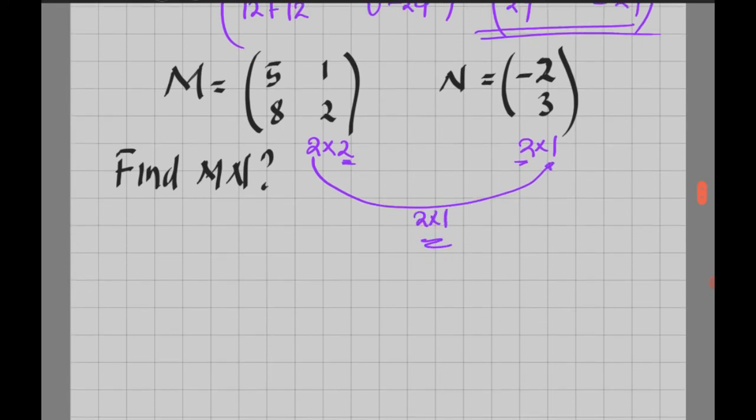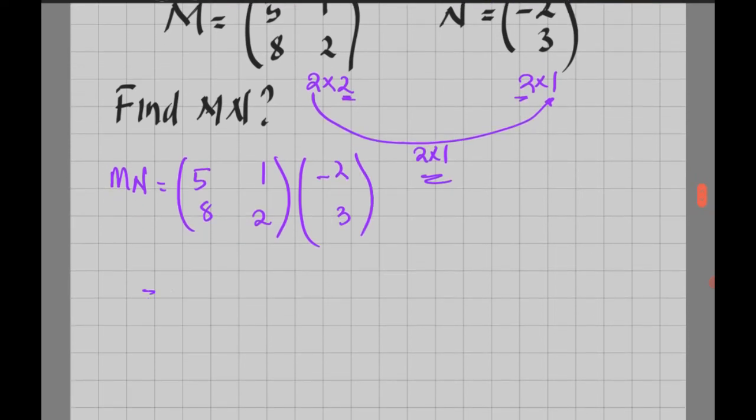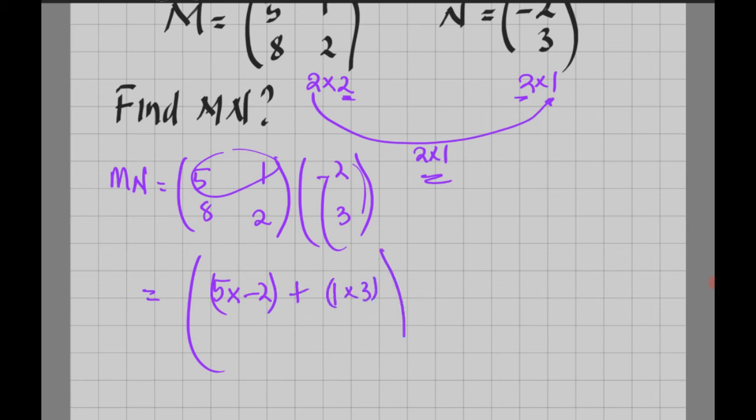So we have MN is equals to M is 5, 8, 1, 2, and our N is minus 2, 3. So we say row by column. So it's 5 times minus 2 plus 1 times 3, and 8 times minus 2 plus 2 by 3.